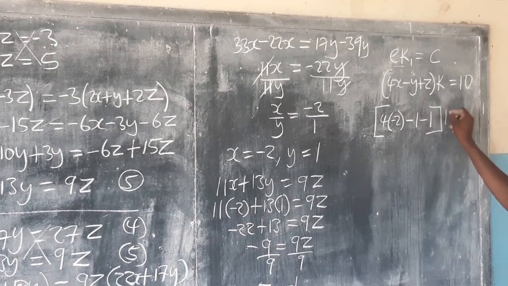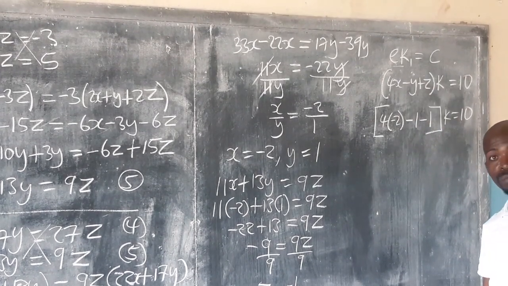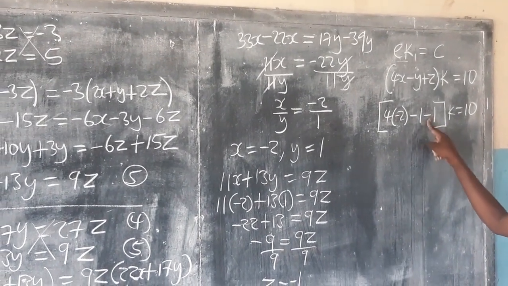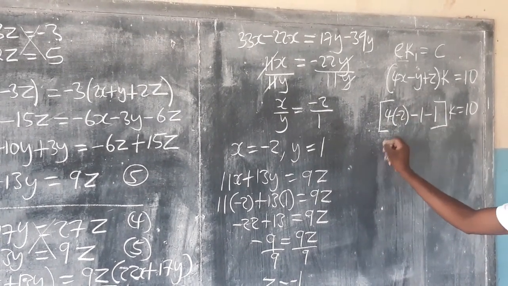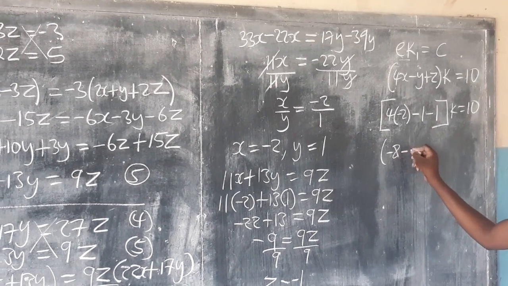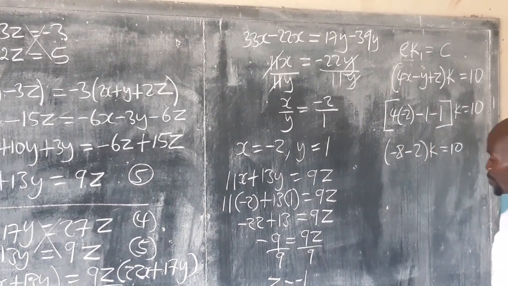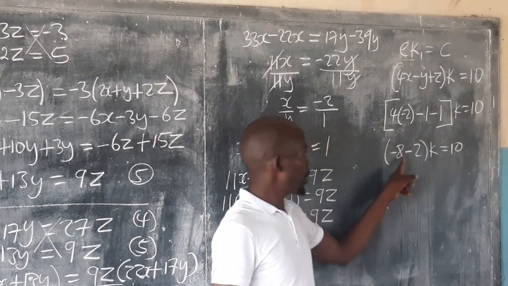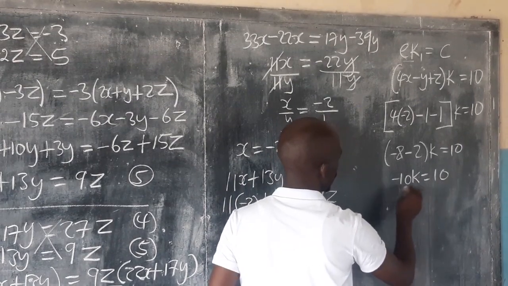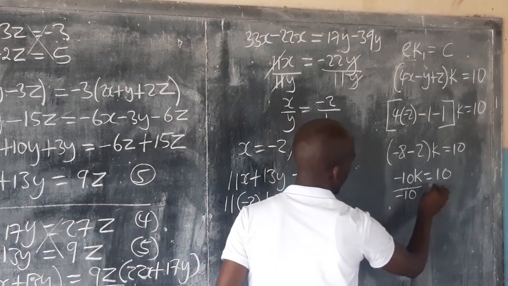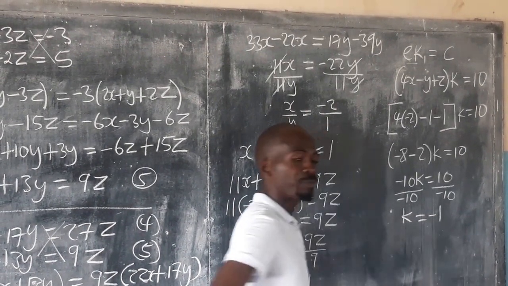Then k equals 10. Positive, because of a negative, that will give us negative 1. Then we can simplify inside, that becomes negative 8 minus, this is negative 2, then k equals 10. Negative 8 minus 2 gives us negative 10k equals positive 10. So I'll divide both sides by negative 10. My k is equal to negative 1.